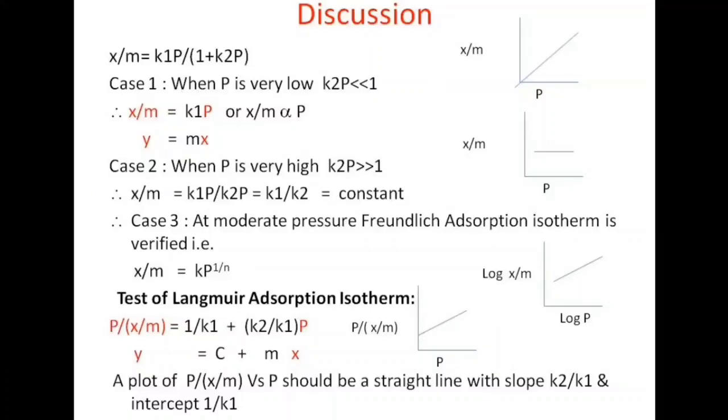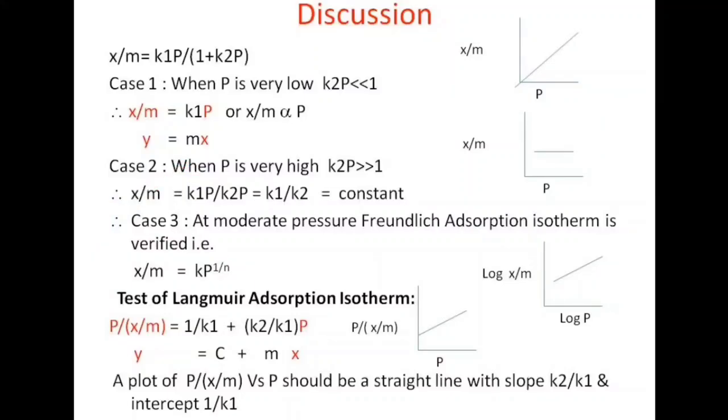Then case 2, when P is very high. In this situation, K2P is much greater than 1. Therefore 1 is neglected as compared to K2P. So the equation becomes x by m equal to K1 upon K2, which is nothing but a constant.